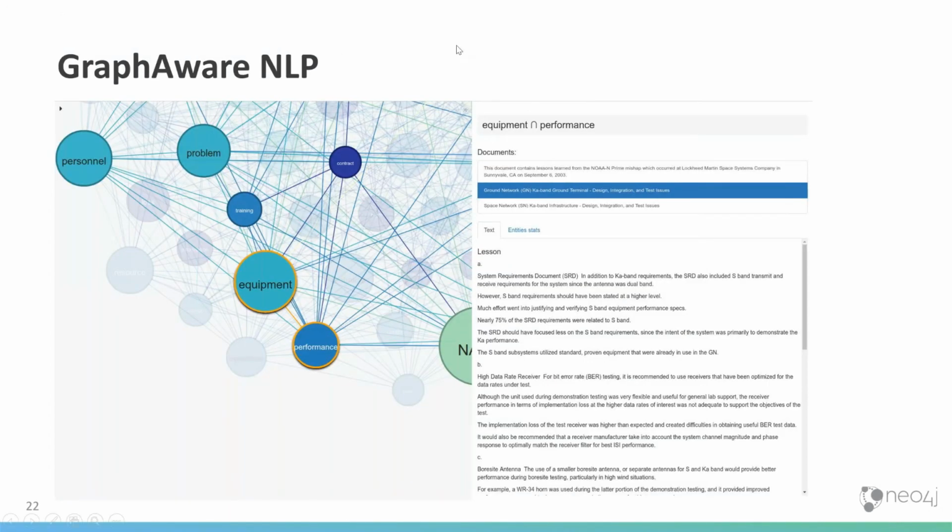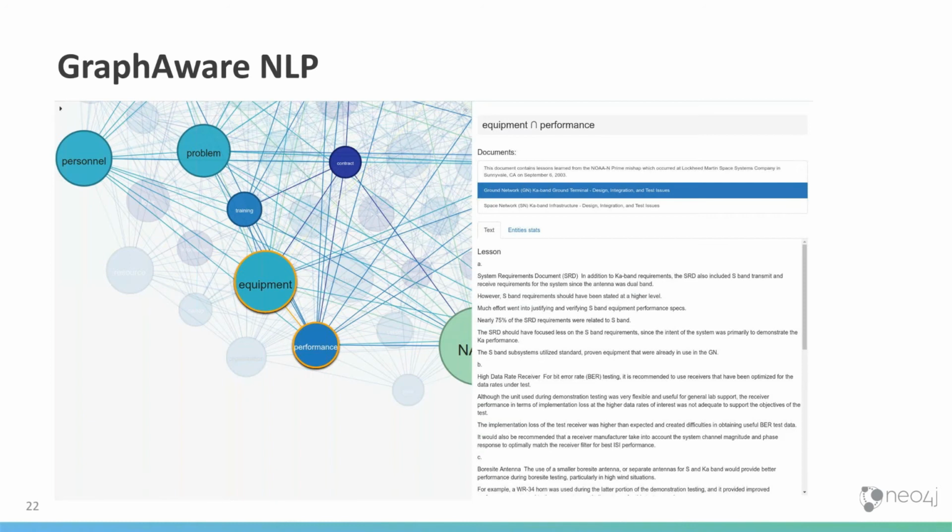And finally, we had another great example. GraphAware's natural language processing graph is taking and highlighting terms from documents that they're reading in, and then making sense of all of that.